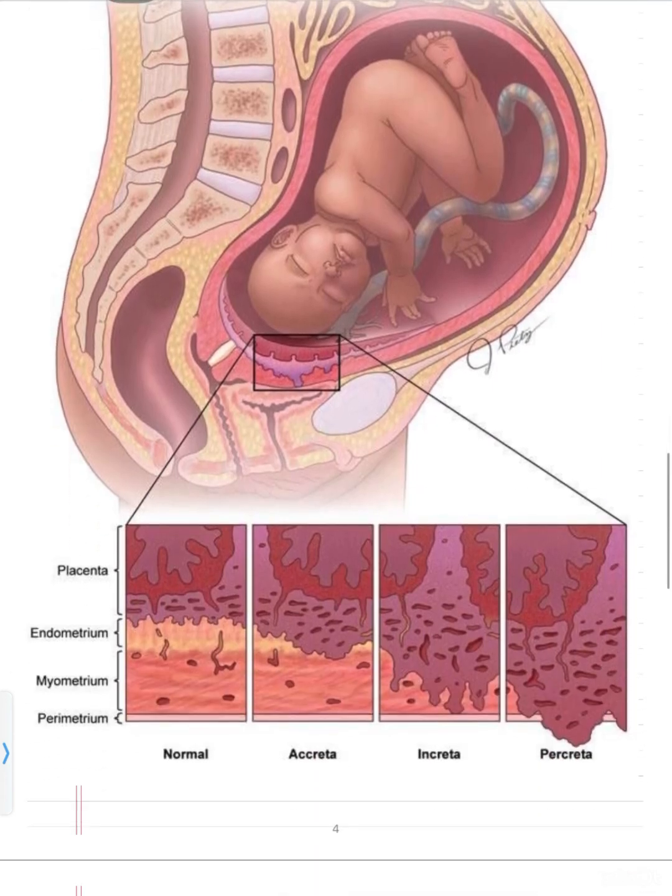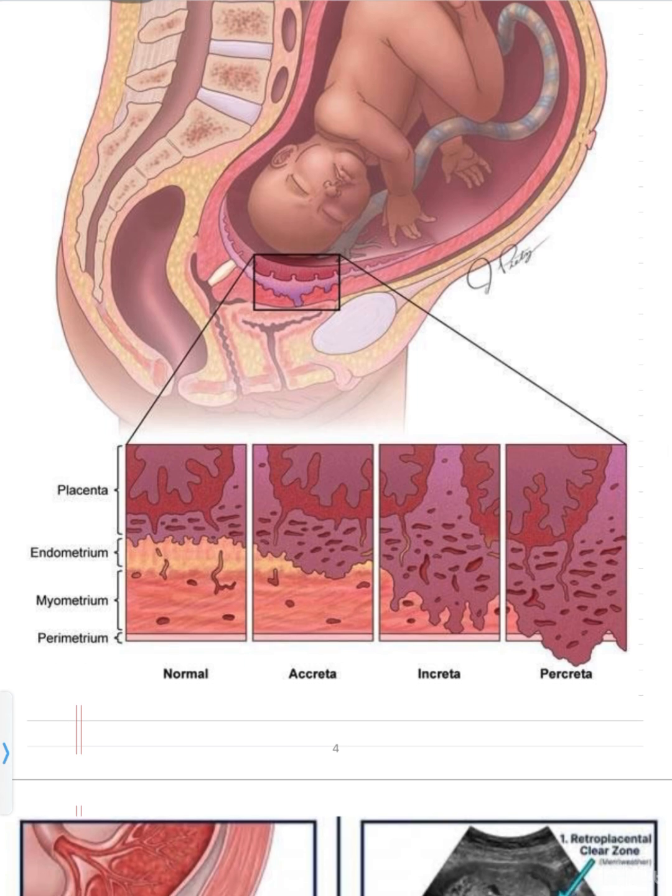In another good diagram, you can see the fetus, then the placenta, then the endometrium or decidua basalis, then the myometrium, and the perimetrium. Normally the placenta is present, decidua basalis is present, myometrium is present, perimetrium is present.